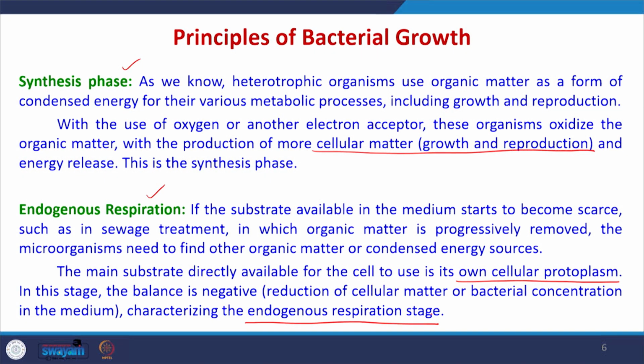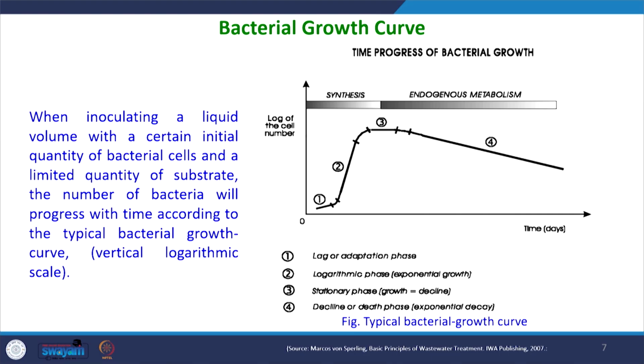Overall, the bacterial growth curve which was given earlier can be represented like this. We have the synthesis phase up to which the maxima is occurring and then we have endogenous metabolism occurring. Now, we can divide the bacterial growth curve into different phases, which are listed here. The first phase is called the lag or adaptation phase.